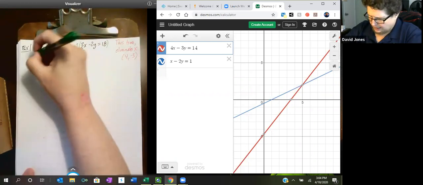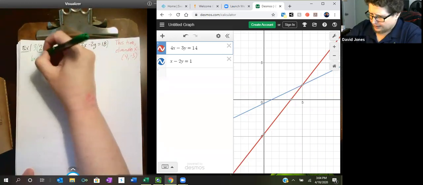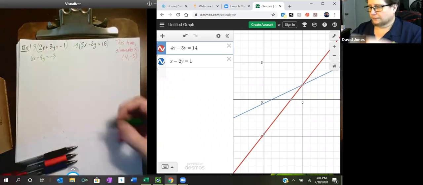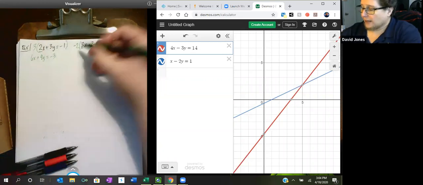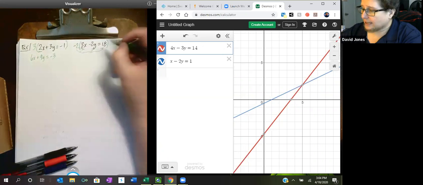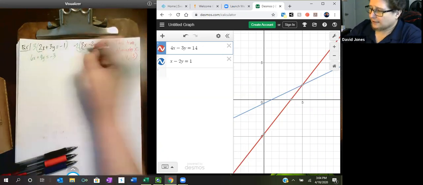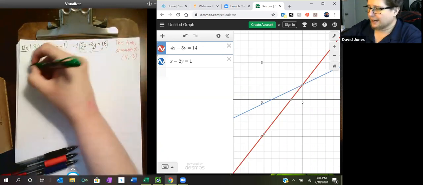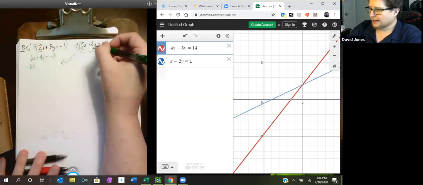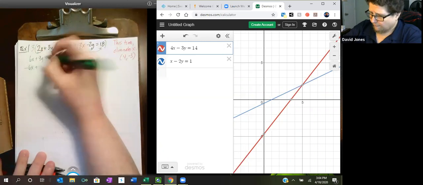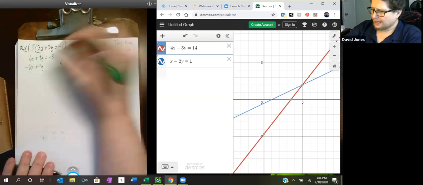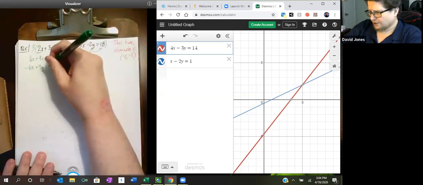So I distribute, and I get 6x plus 9y equals -3. And make sure you distribute the negative on all of them. -2 times 3x, I'll line it up underneath, is -6x. -2 times -2y is 4y. And -2 times 18 is -36.